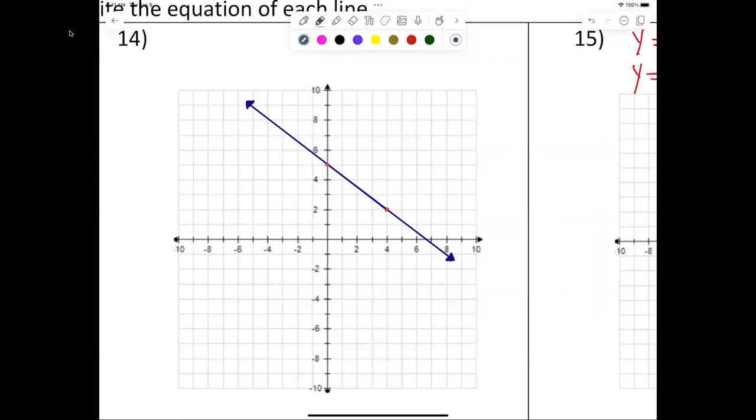All right, everybody circle the y-intercept. Circle the y-intercept.